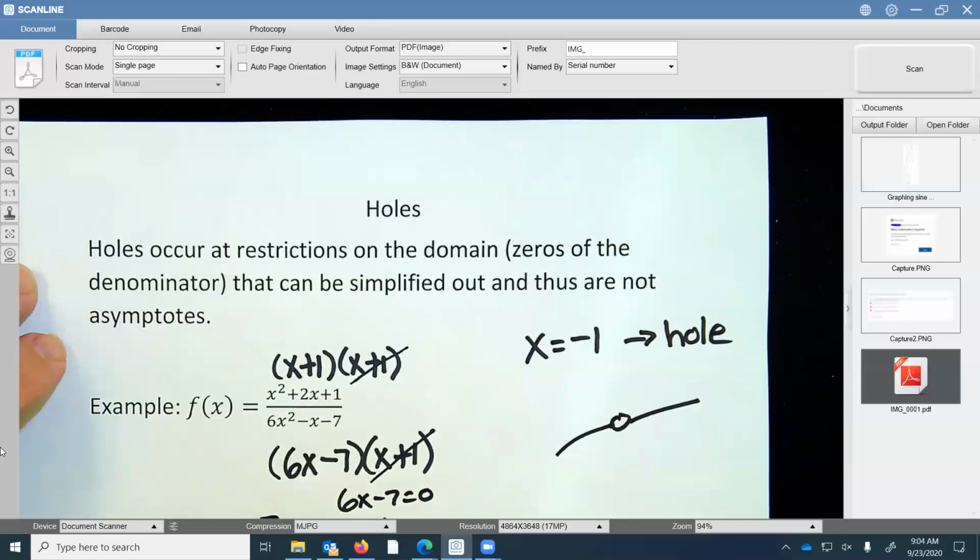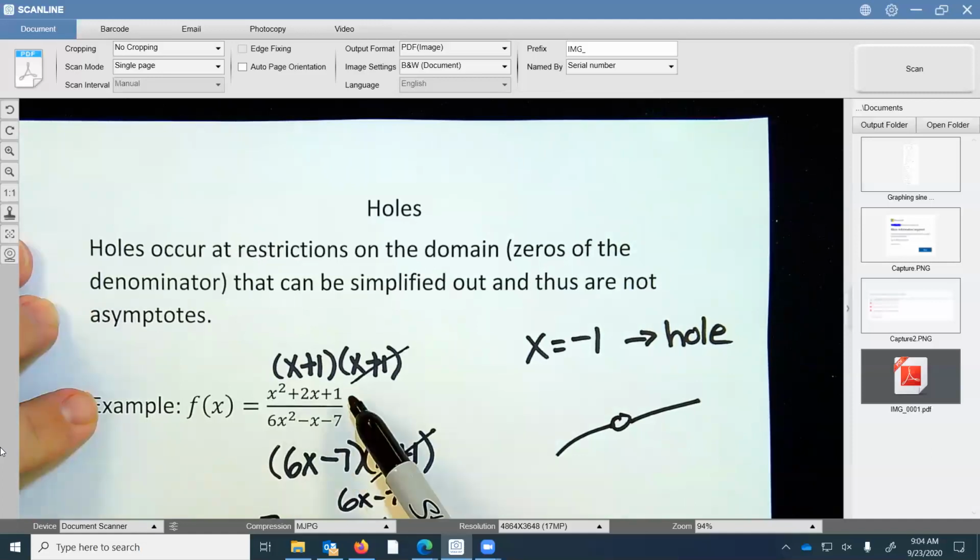What's the relationship of the degrees? What's the degree of the numerator? It's 2. What's the degree of the denominator? 2. So they're the same.